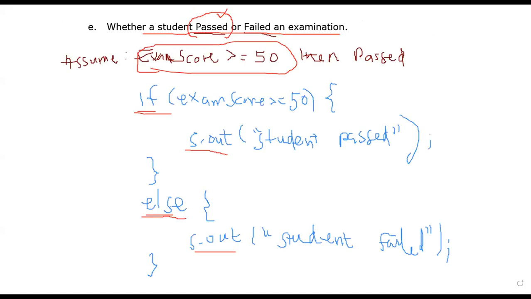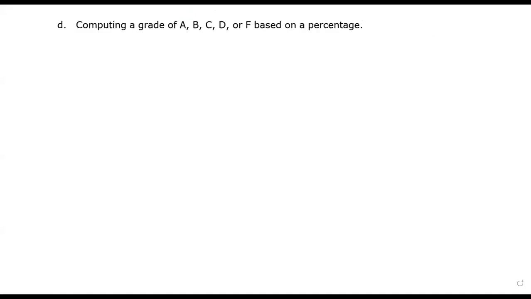Let's assume A is 80, B is 70, C is when someone makes 60, D is 50, and then F is less than 50.